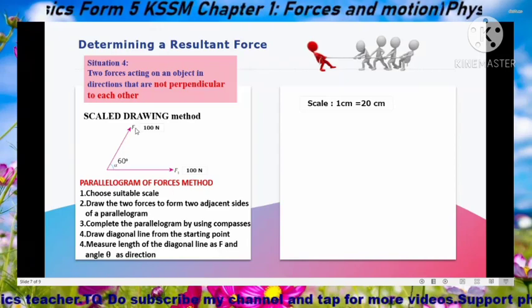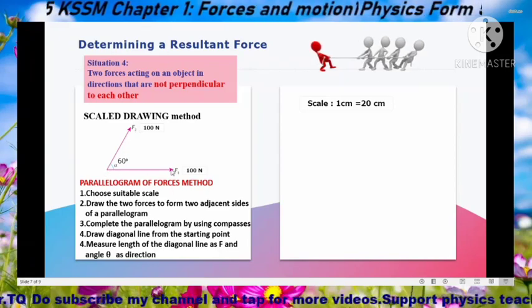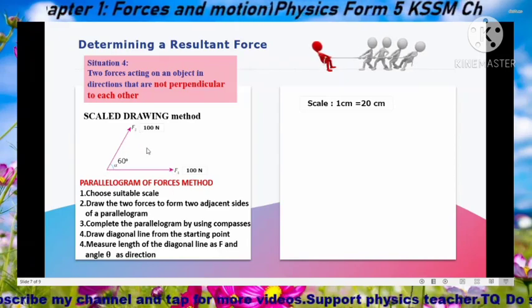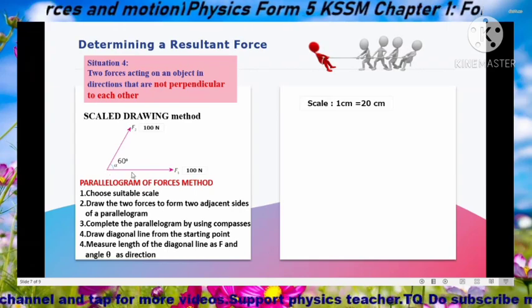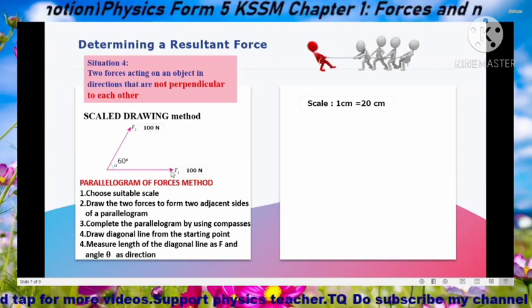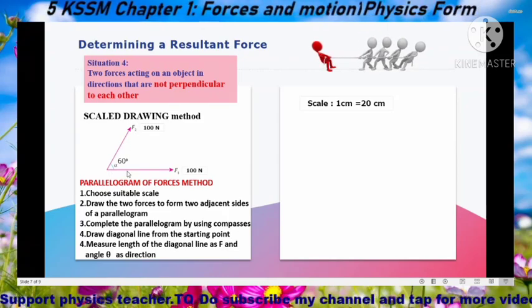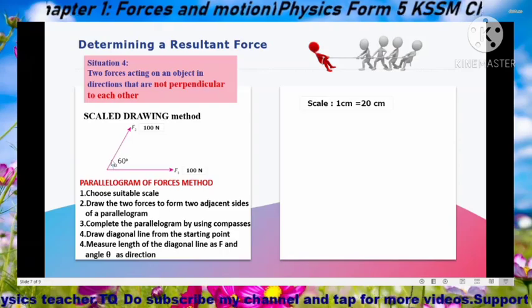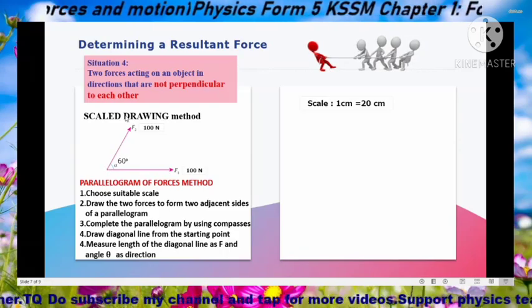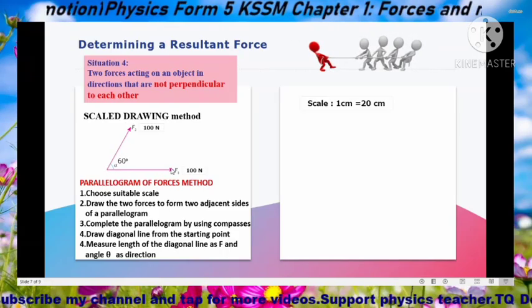So for this one, as you can see from the actual diagram given here, F1 and F2 already form two sides of a parallelogram. So what you do, you just copy this diagram, but you need to measure everything accurately.